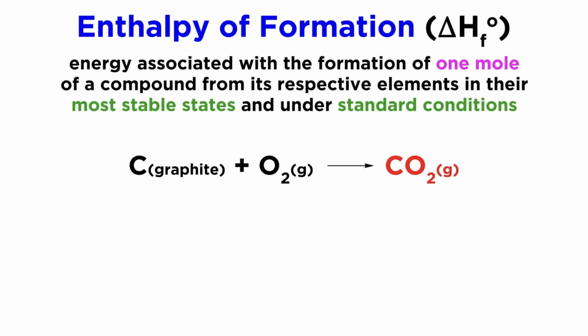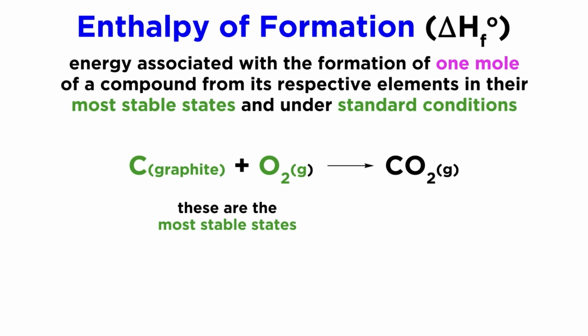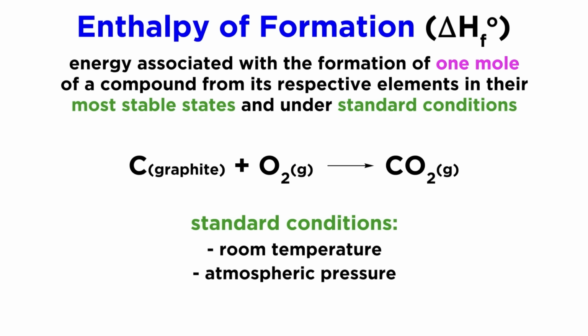For example, carbon dioxide is made of carbon and oxygen. In order to form 1 mole of carbon dioxide, we would need 1 mole of carbon atoms and 1 mole of oxygen molecules. The carbon is assumed to be graphite rather than coal or diamond, and the oxygen is O2 rather than O3, as these are the most stable states of these elements, and we assume standard conditions, which means room temperature and atmospheric pressure.